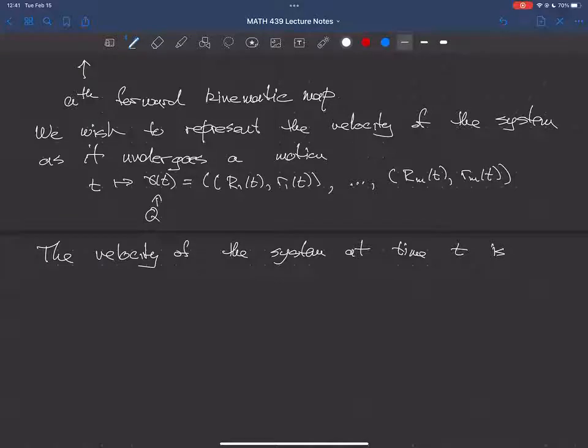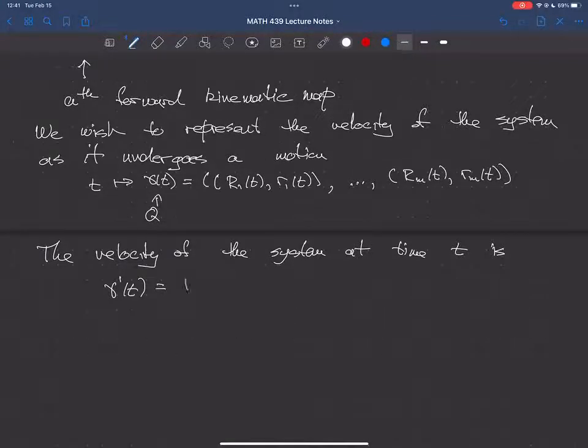If you were just forgetting about the fact that it had all this complicated SO3 cross R3 cross SO3 cross R3, m times behavior, and you just wanted to think about gamma as being a curve in this manifold Q, the configuration manifold in this case, then the velocity could just be gamma prime. Right, and this gamma prime is the same thing that we talked about when we talked about gamma prime for arbitrary curves on manifolds. Remember, there was a very specific definition for this.